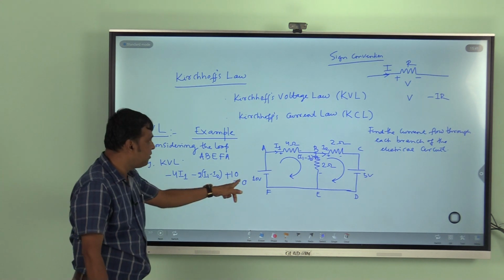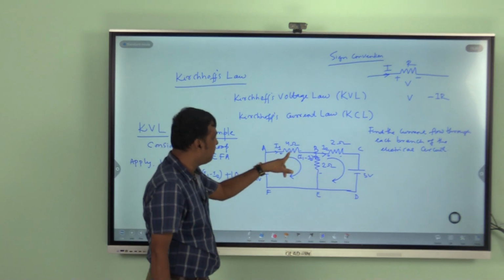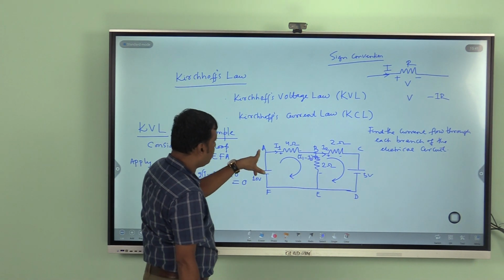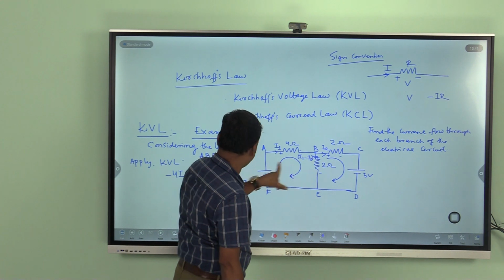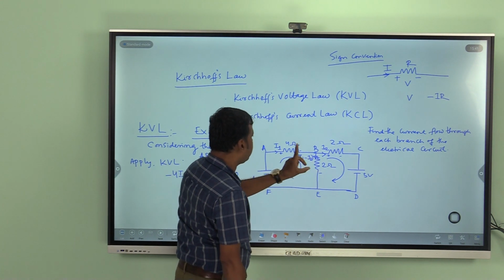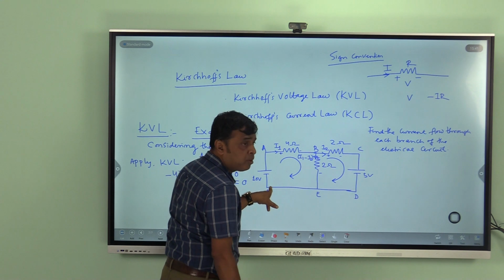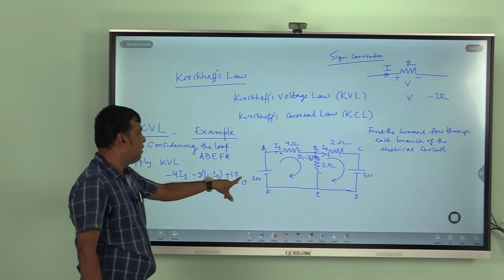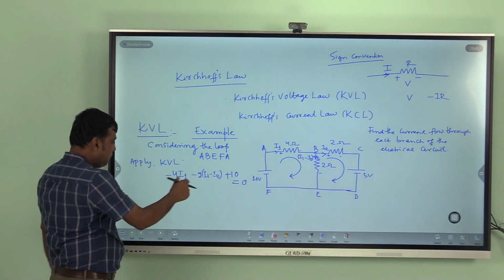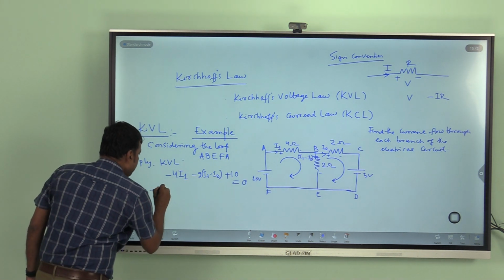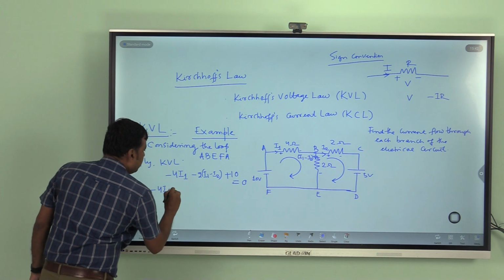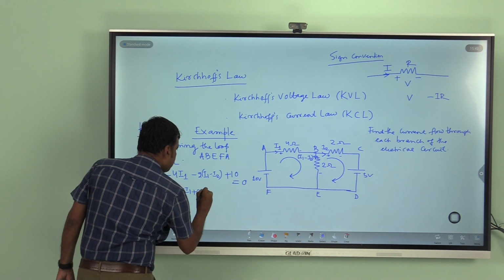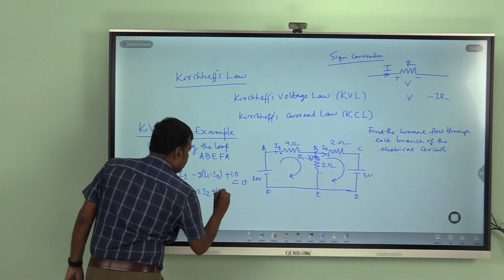So the equation is A to B plus to minus is minus, 4 into I1, then B to E plus to minus is minus, resistance 2, current I1 minus I2, then E to F, there is no resistance or voltage source, then F to A minus to plus is plus, plus 10 equal to 0. I will simplify this: minus 4 I1 minus 2 I1 plus 2 I2 plus 10 equal to 0.